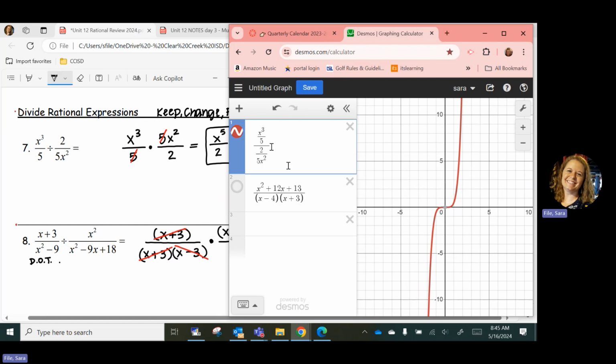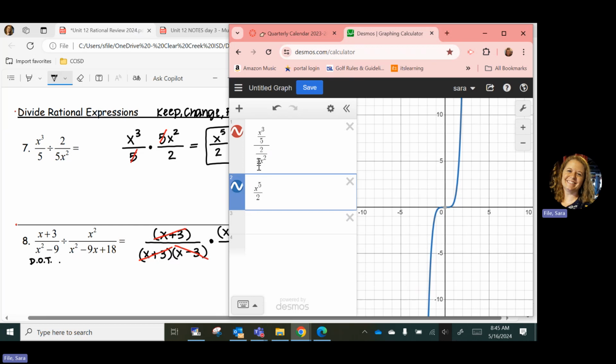Now I want to see, does it match what we came up with, which was just x to the 5th over 2? There it is.